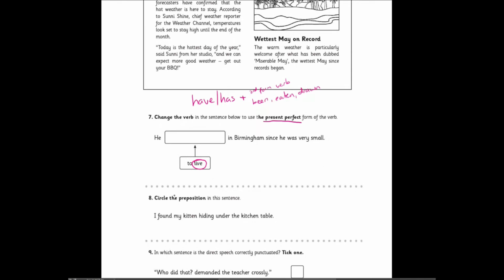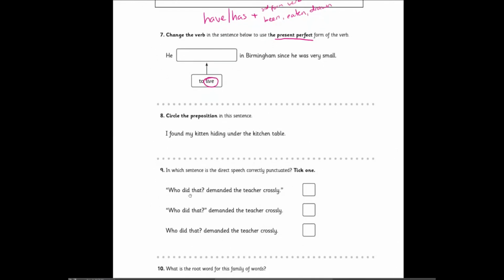Number 8, circle the preposition in this sentence. Preposition tells us where something is. So we've got 2 things in this sentence. We've got kitten and kitchen table, and there is a preposition which links the 2 together, telling us where. Okay, a little example would be, I found my cat on the mat.